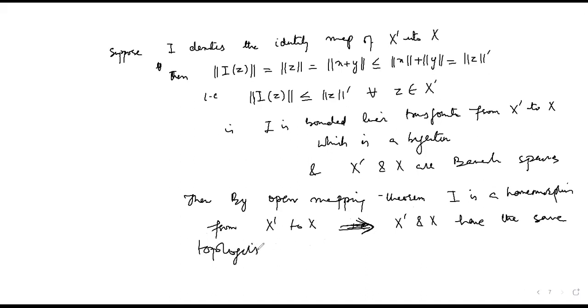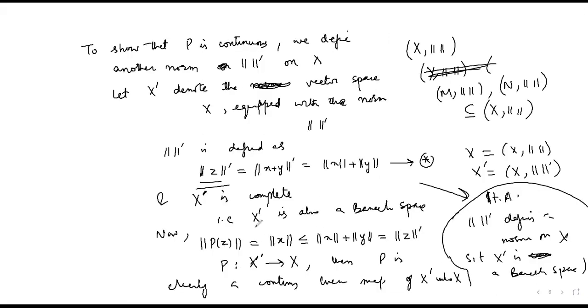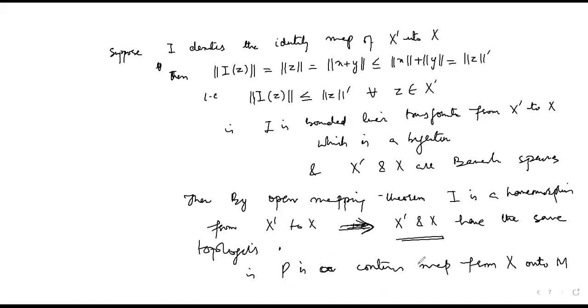So once same topologies, therefore P is a continuous map from x onto M. देखो हम इससे पहले दिखा चुके हैं P is a continuous map from x prime onto M, है ना. रेंज तो वही रहेंगी, रेंज तो फर्क नहीं पड़ेगा, लेकिन हमने दिखा दिया x prime और x की टोपोलॉजी सेम होनी चाहिए.